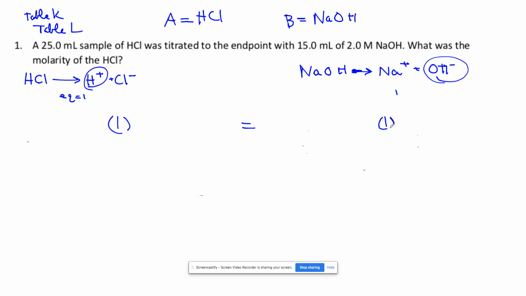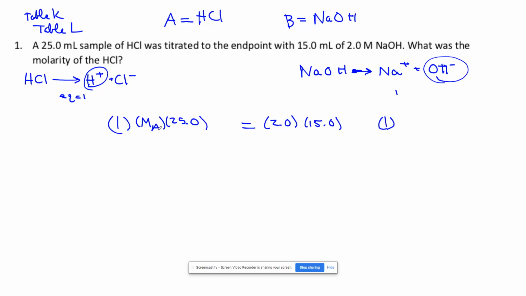So there's my equivalences. Molarity of the acid, that's what I'm looking for. That's my variable. Volume of the acid, 25 milliliters. Molarity of the base, 2 molar. Volume of the base, 15 milliliters. Once again, the equivalences, which we already calculated, go here.